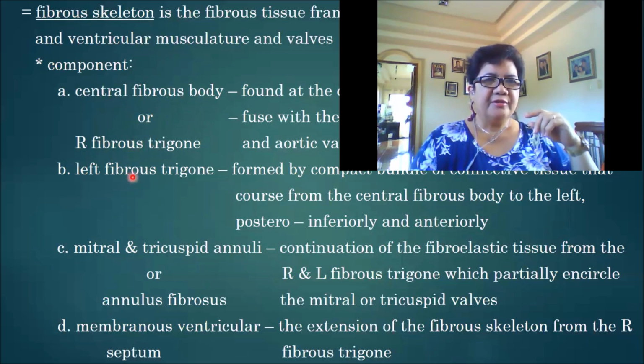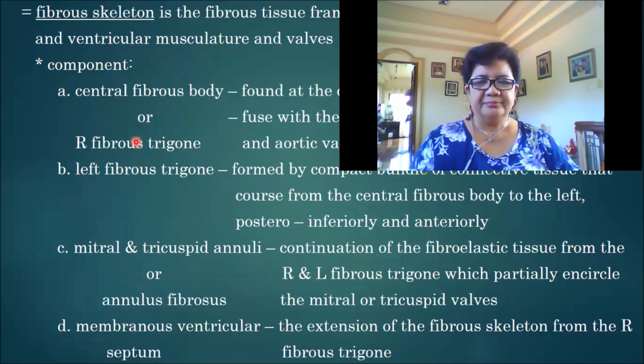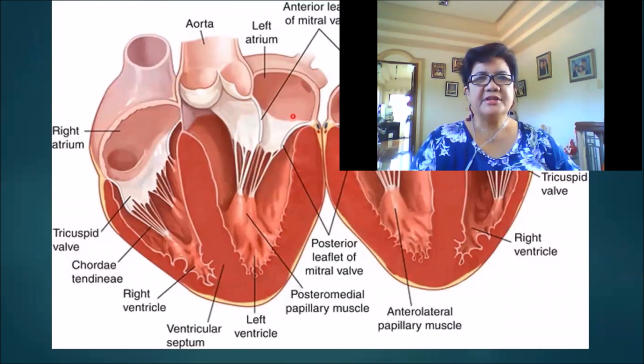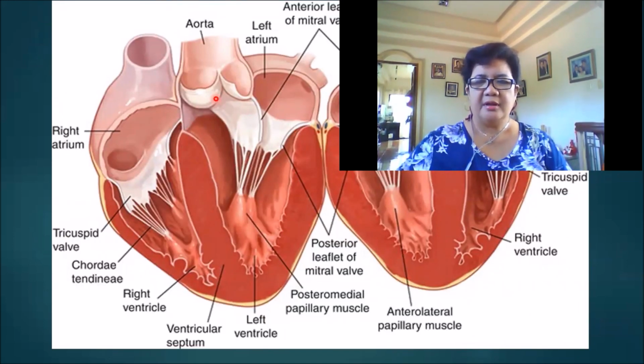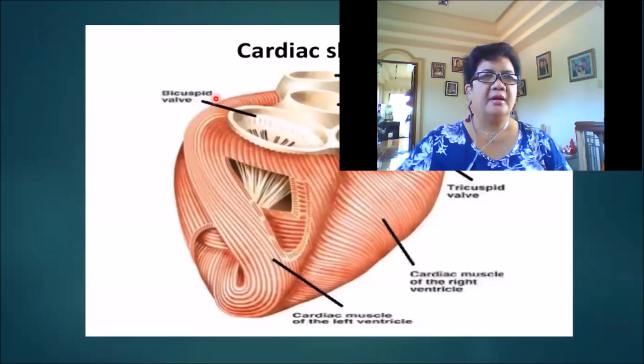Your left fibrous trigone will be connected to the right fibrous trigone, your mitral and tricuspid annuli will be attached to your right and left fibrous trigone, while your membranous ventricular septum will be attached to the right fibrous trigone. So this is the fibroskeleton. We go back. This is the cardiac skeleton.